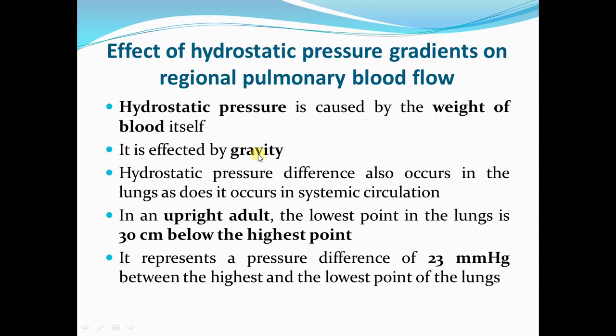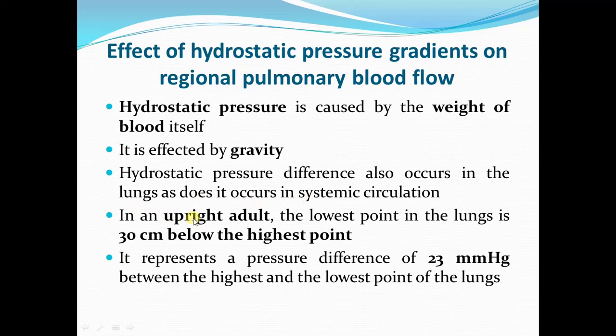Now this pressure difference is because of the hydrostatic pressure being affected by gravity. Hydrostatic pressure differences also occur in the lungs in the same way as in the systemic circulation.